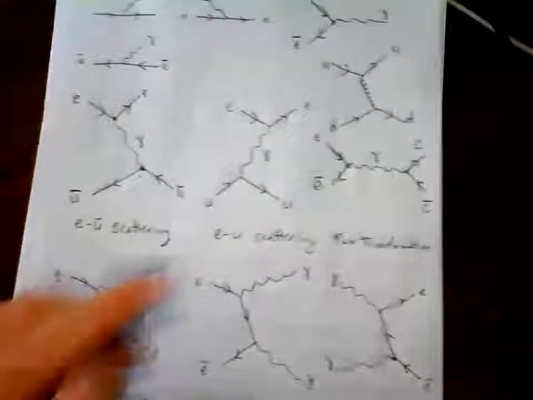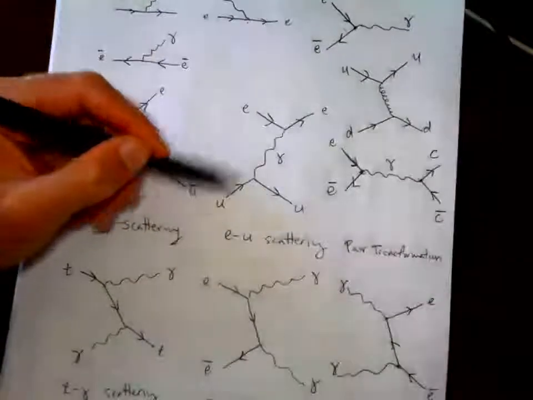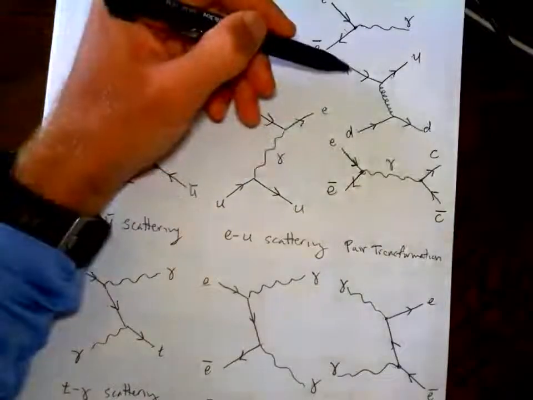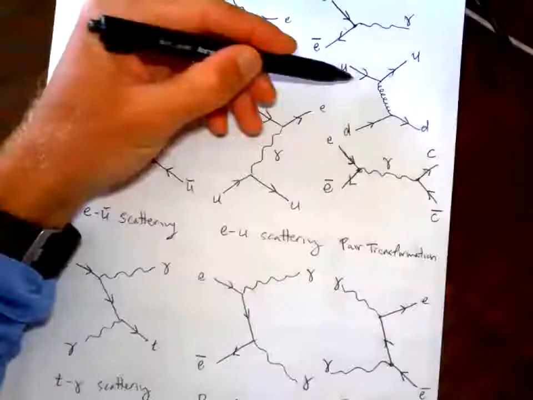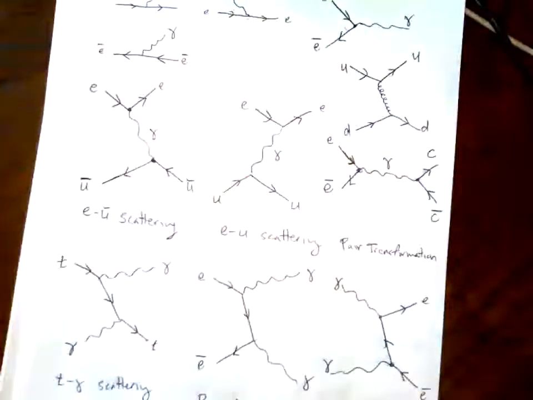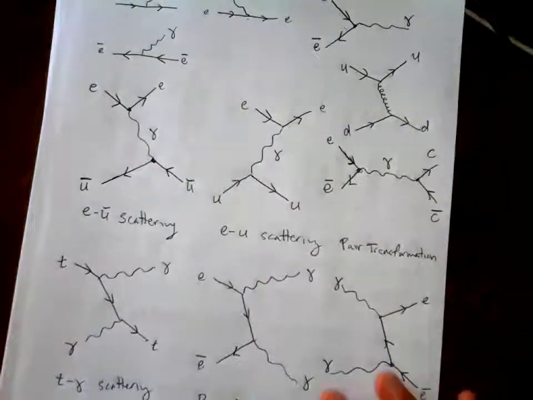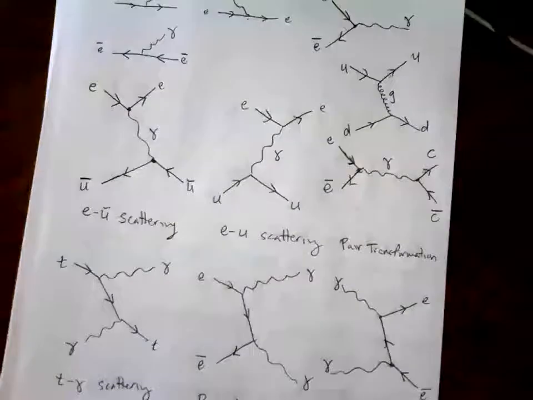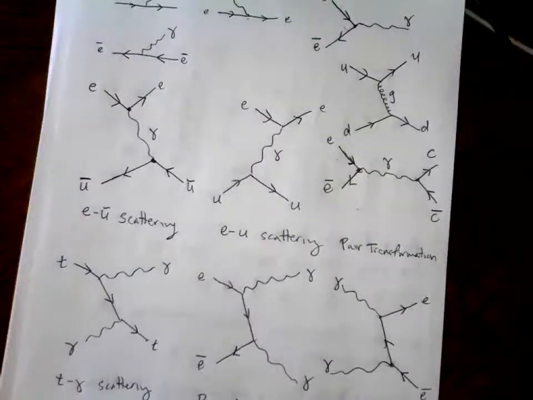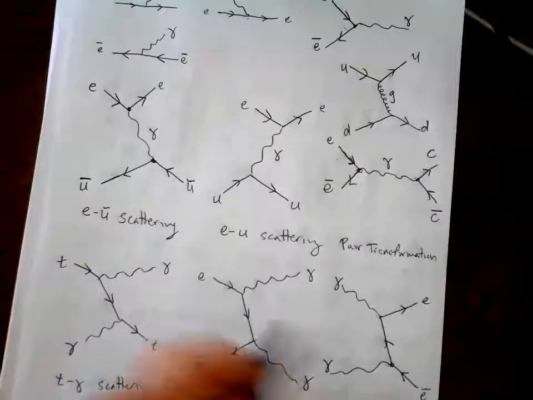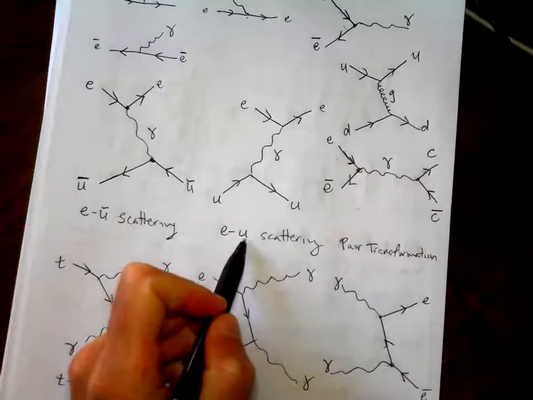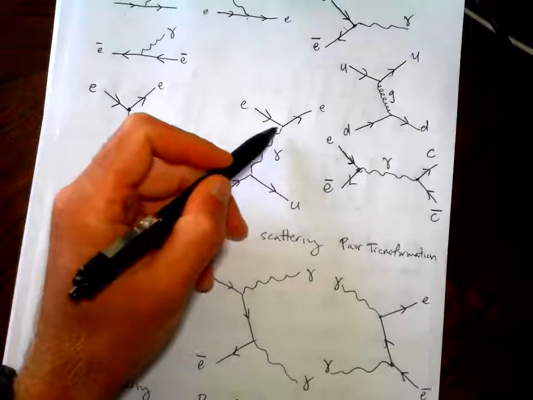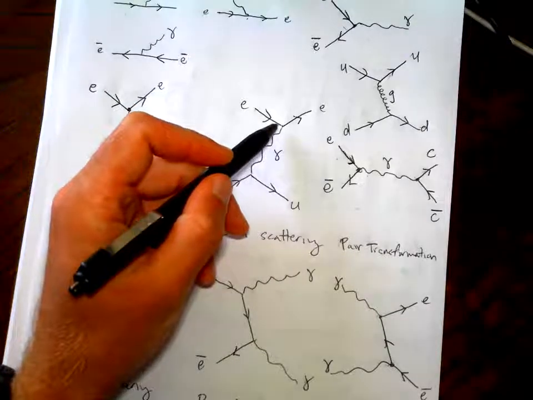So right here, I have electron up quark scattering by exchanging a photon. This would be up quark, down quark scattering via a gluon. So notice how we couldn't do electron up quark scattering via a gluon because the electron can't absorb gluons.